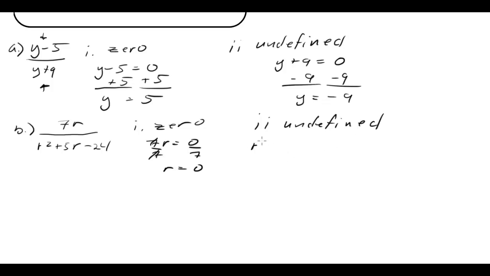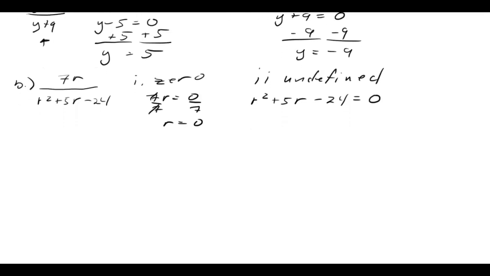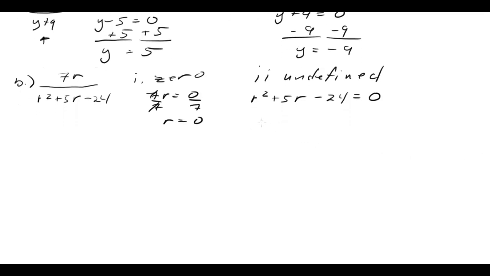So we have r squared plus 5r minus 24 equals 0. So we have a quadratic, and it's in standard quadratic equation form. So we know to solve this, we're going to have to factor out 2 binomials if we can. Well, the leading coefficient is 1. That makes life easy. The first terms are going to be r. R times r is r squared.